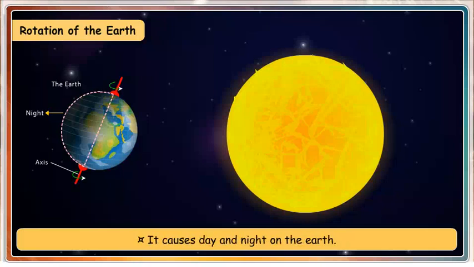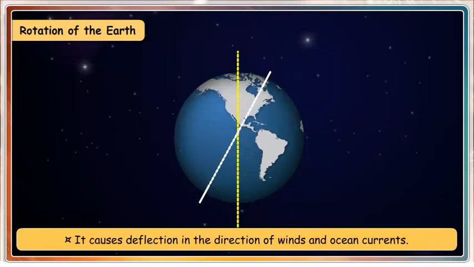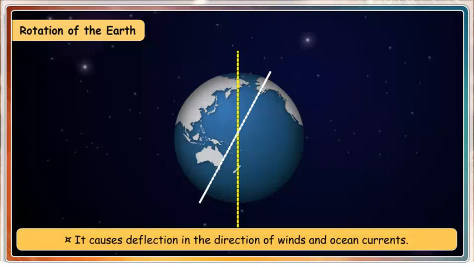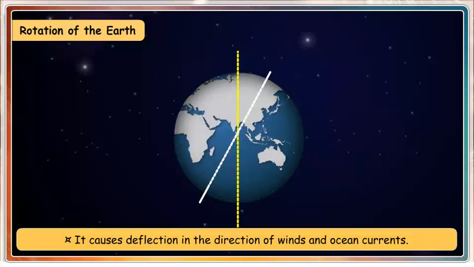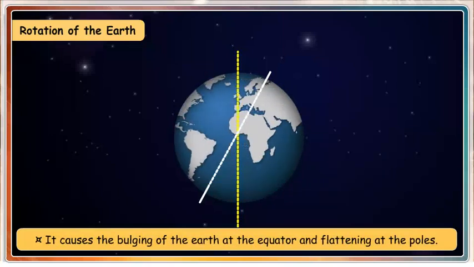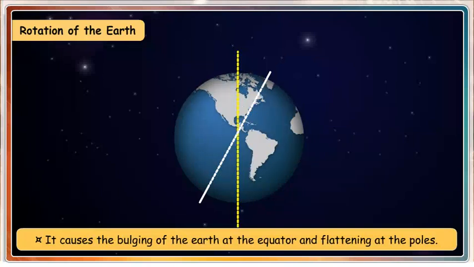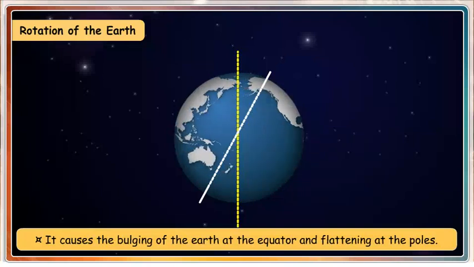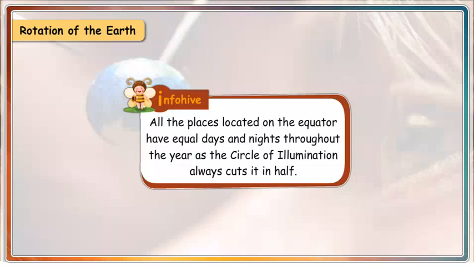It causes day and night on the Earth. It causes deflection in the direction of winds and ocean currents. It causes the bulging of the Earth at the equator and flattening at the poles. InfoHive: All the places located on the equator have equal days and nights throughout the year, as the circle of illumination always cuts it in half.